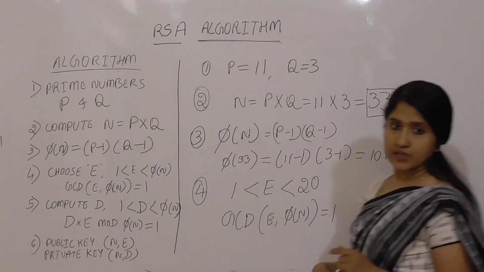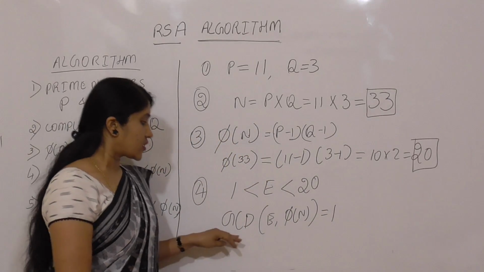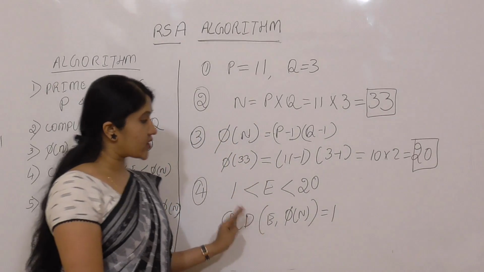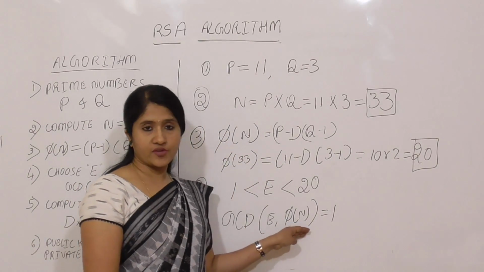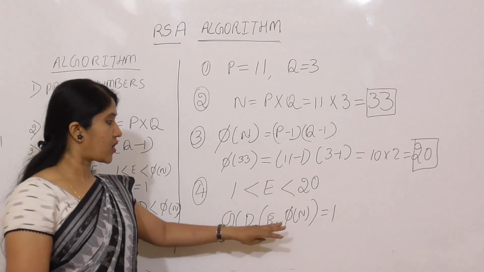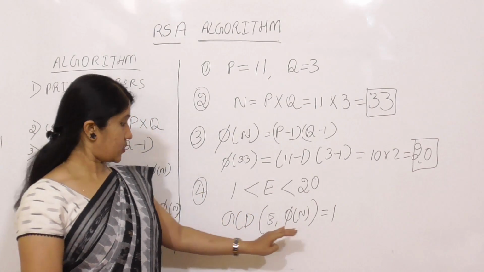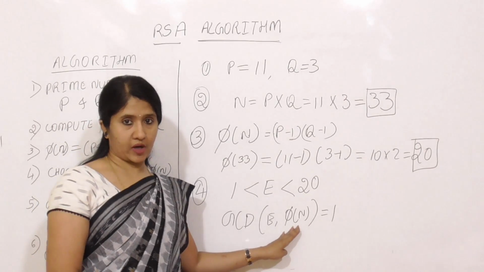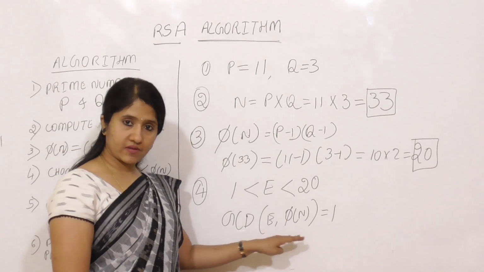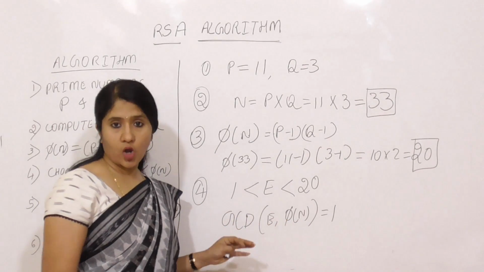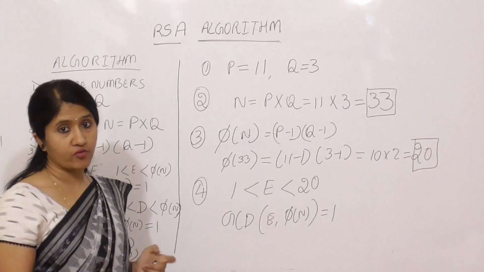So what is GCD? Greatest common divisor, right? A divisor that can divide both of these. So when can the GCD of two numbers be 1? When both of them are relatively prime. That means there is no other common factor apart from 1, right?